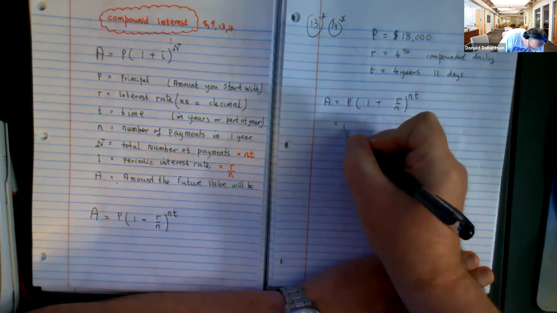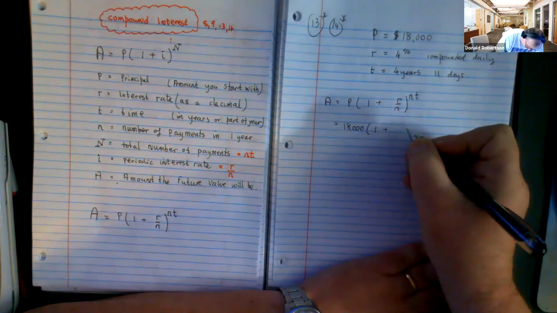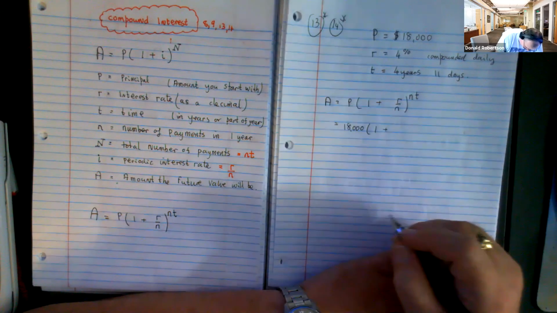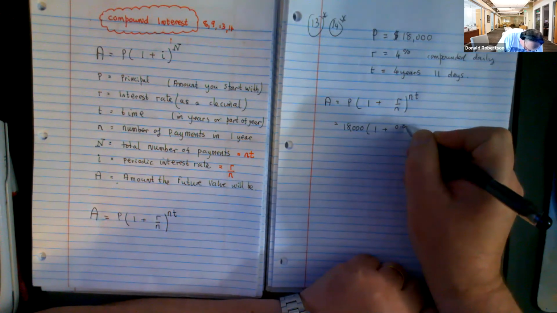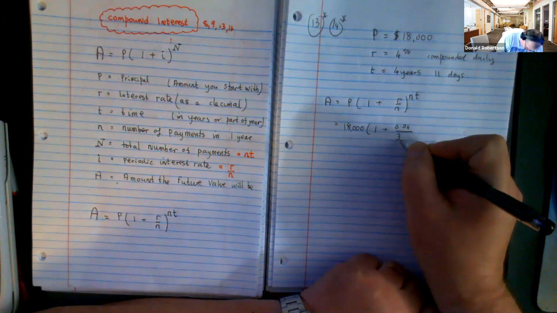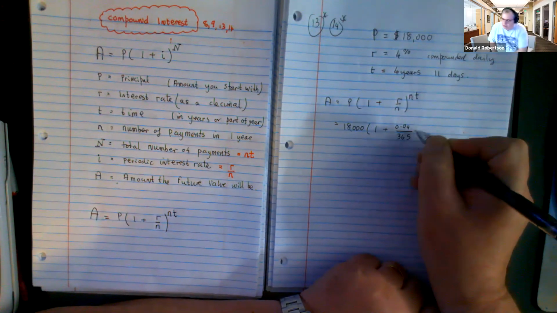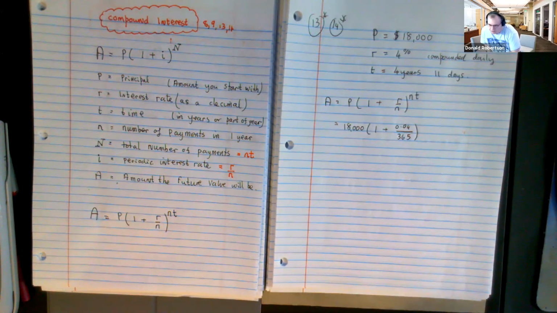Now, 18,000 is good to go. I can use that. The interest rate is 4%. If it's compounded daily, doesn't that mean little n is 365? Would you agree? Compounded daily, it's 365.